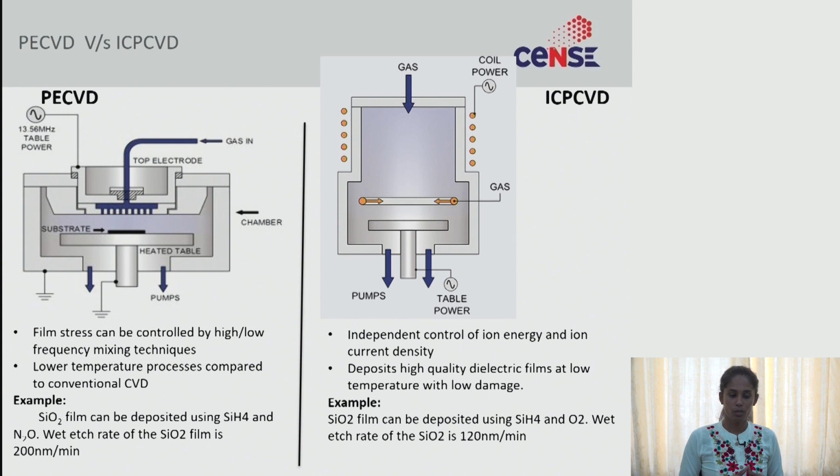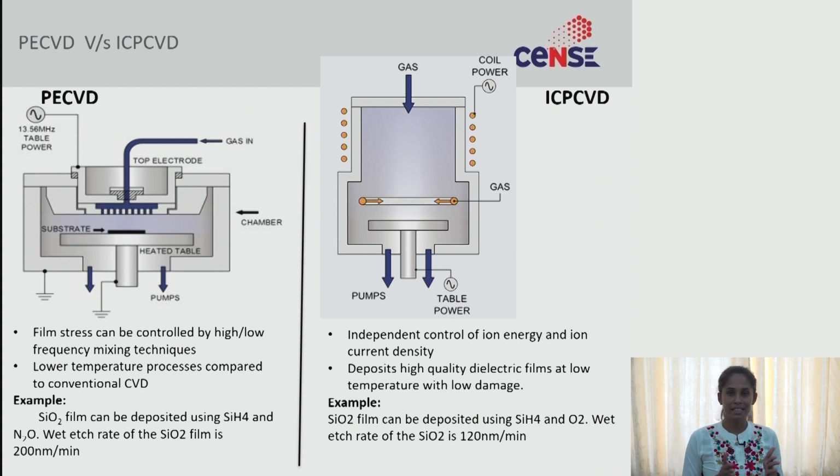Also, we can have a low temperature process compared to other conventional CVDs. But in ICP-CVD, since we have both ICP and RF power, we have independent control over our ion energy and ion current density. So ICP-CVD enables deposition of high quality dielectric films at low temperature with low damage.